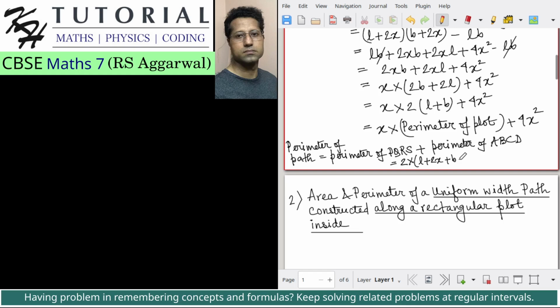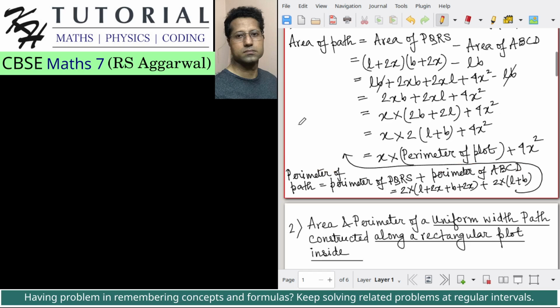Breadth is B plus twice x, and we have the perimeter of the rectangular plot, which is 2 into L plus B. So this is equal to 2 into L plus B plus 4x, plus 2 into L plus B.